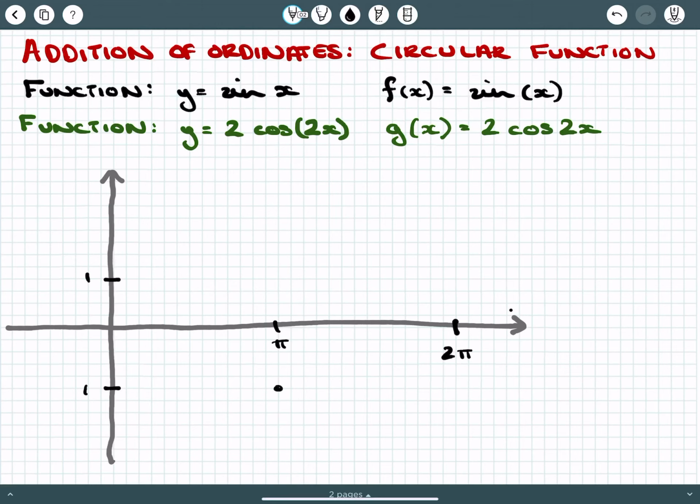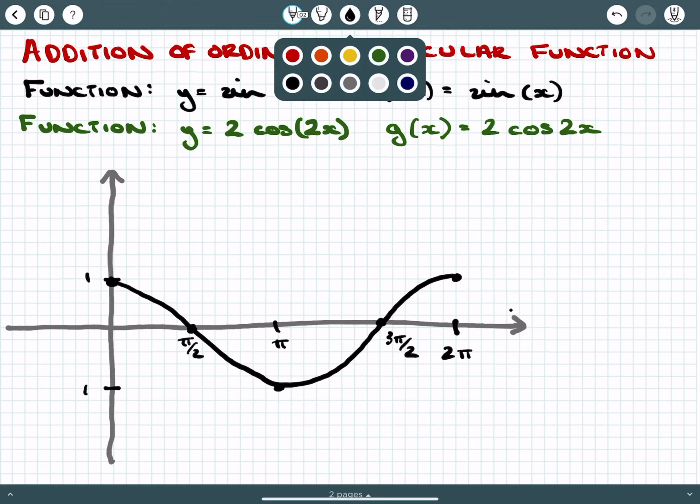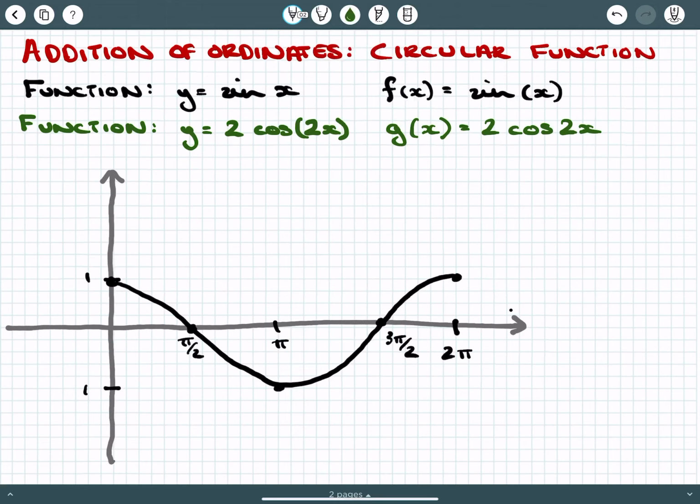And our graph for sin x will look something like that. And that should be pi on 2, and that should be 3 pi on 2. Now when we're sketching g(x), I made a mistake.